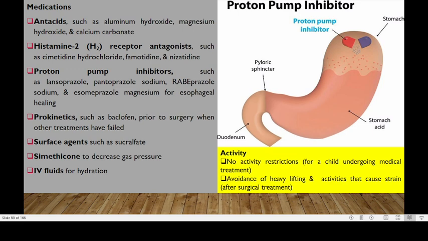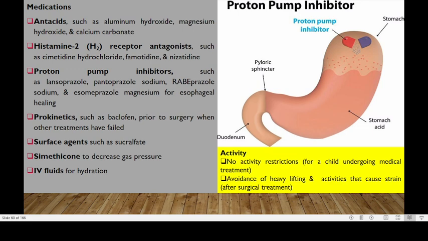In terms of medication, we can use antacids such as aluminum hydroxide, magnesium hydroxide, and calcium carbonate. We could also use histamine 2 receptor antagonists such as cimetidine hydrochloride, famotidine, and nizatidine, and proton pump inhibitors such as lansoprazole, pantoprazole sodium, rabeprazole sodium, and esomeprazole magnesium for esophageal healing.